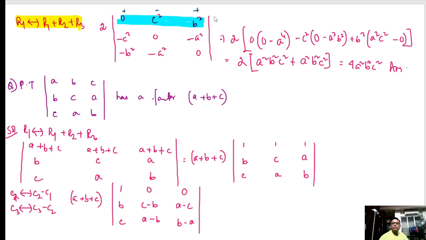And when we take B square, we have to take this part, cross multiply them, putting a minus sign. So we get this. On solving it, we get 4A square B square C square. Clear?